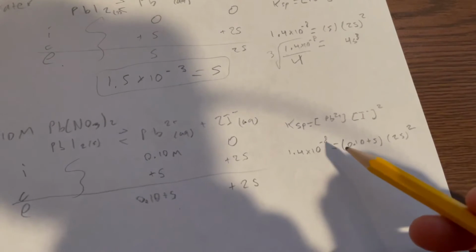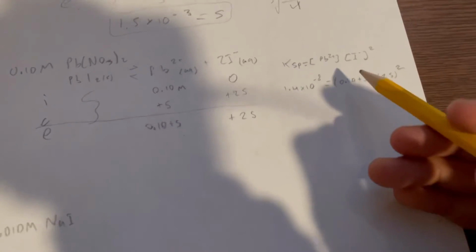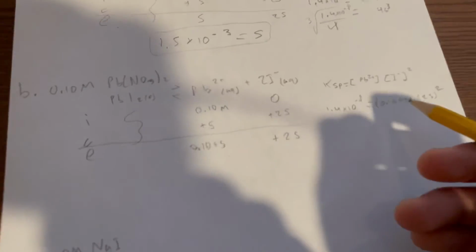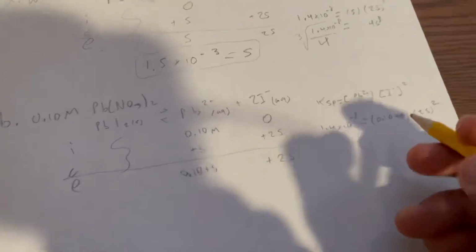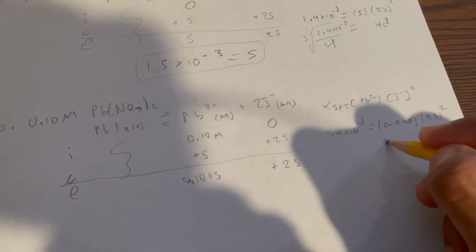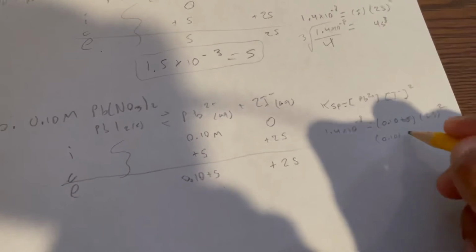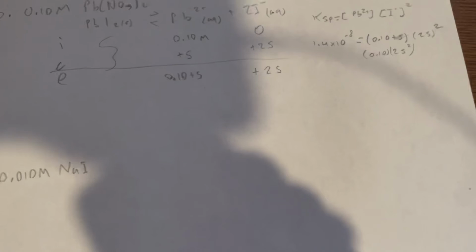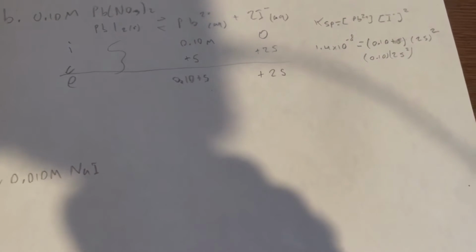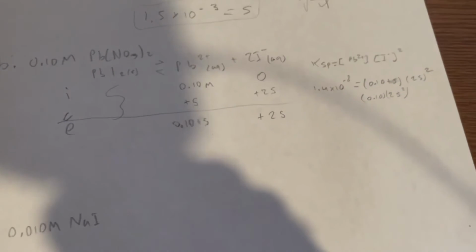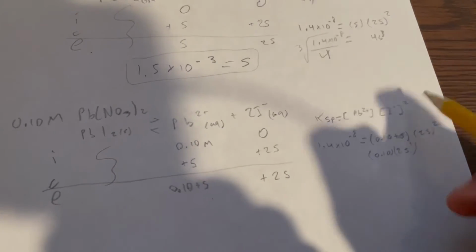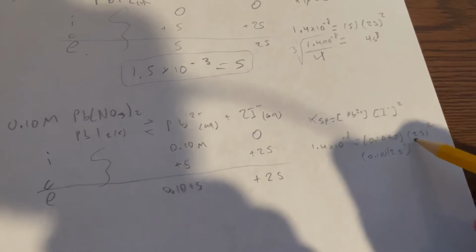And here we can make an assumption, since S will be too little to affect 0.10 anyway. We can remove this S over here, and this would simplify into 0.10 times 2S squared. And that would be our new little equation. All right, so now that we got this, wait, the power goes outside, my bad, because then that would be completely different.